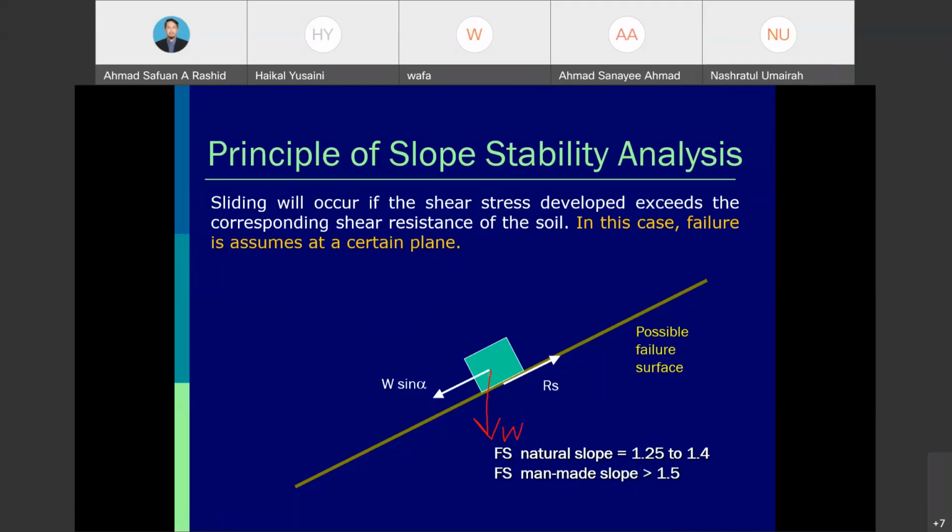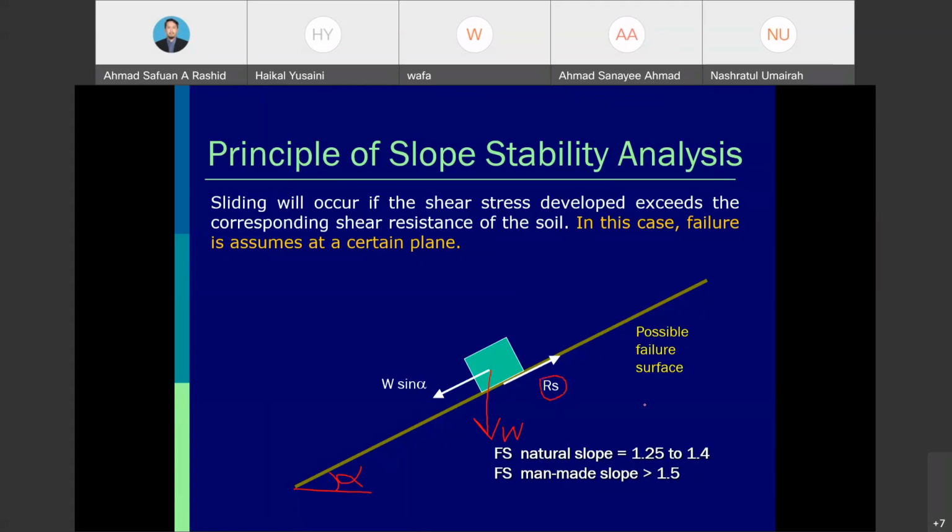In order to find the driving factor, the weight is resolved to W sine alpha, while the reaction on the plane we consider as the shear resistance.